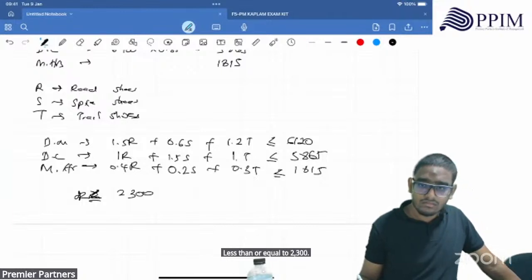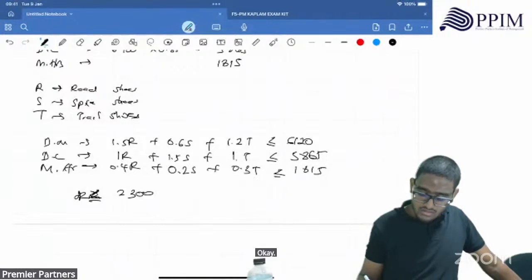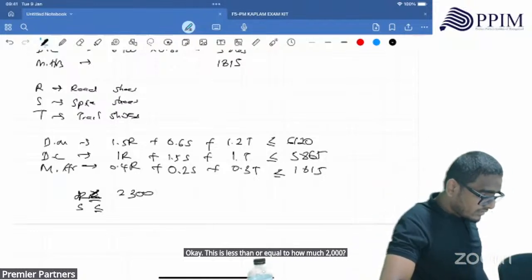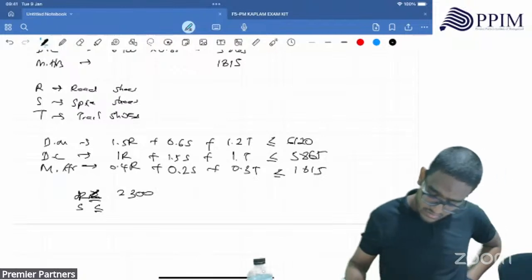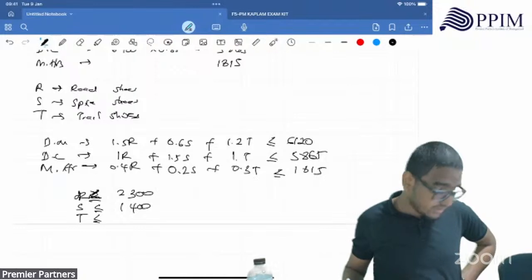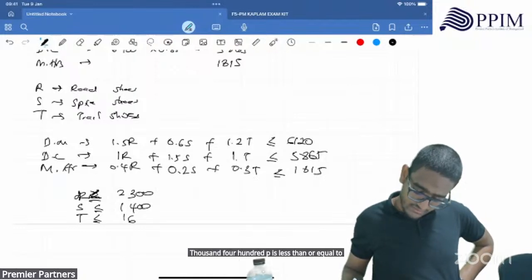Okay. S is less than or equal to how much? 2,000? 1,400. T is less than or equal to 1,650.